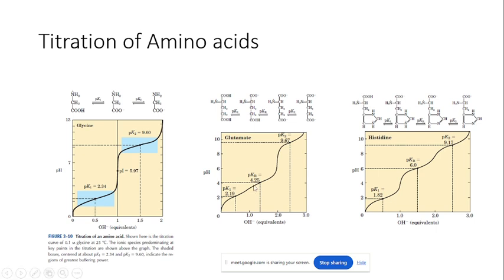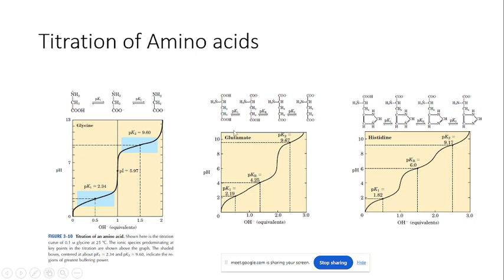Yeah. So glutamate actually belongs to polar negatively charged amino acids, right? Because it has two carboxylic acid groups. So now we will see what happens during the titration of glutamate.